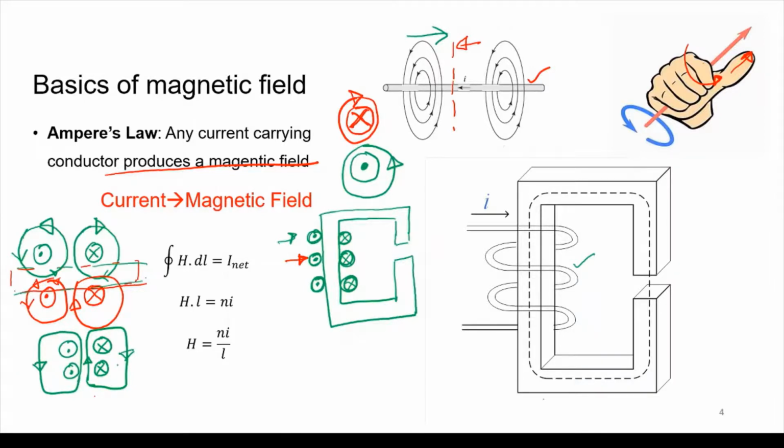We can extend this analysis, and then we can say the resultant magnetic field will have the direction like this. Now we can say if the direction of current is given by our fingers, then the magnetic field is in the direction of thumb.